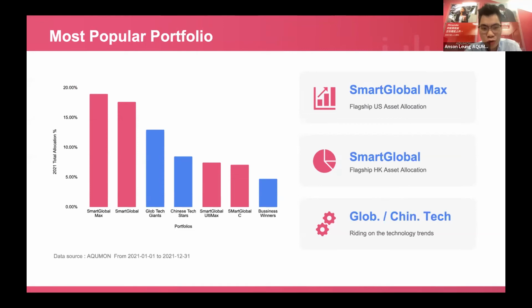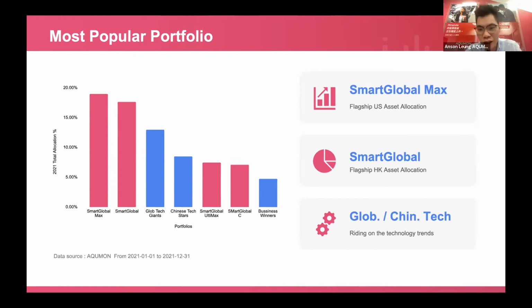So when it comes to the client behavior on our platform, we can see that our clients at AQUMON are usually long-term investors. They are looking for our flagship asset allocation portfolio, and they are looking for tools or portfolios or strategies that can provide long-term return to them.